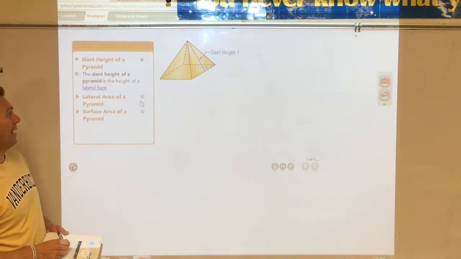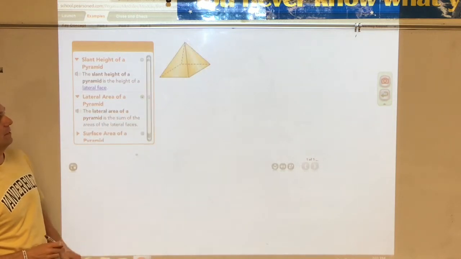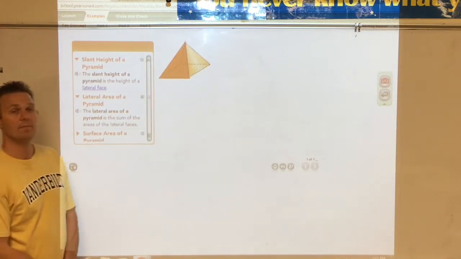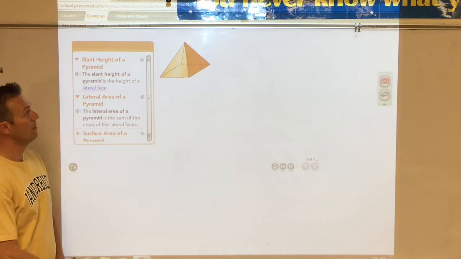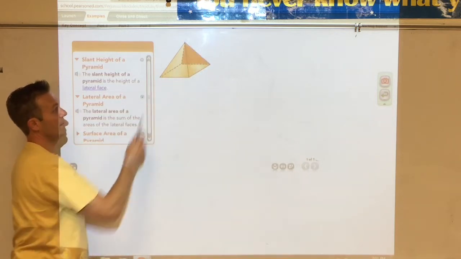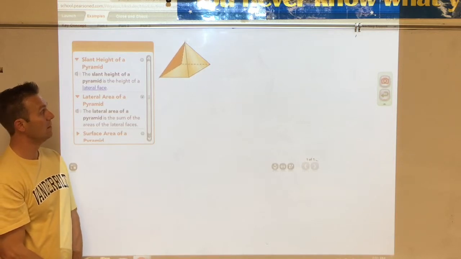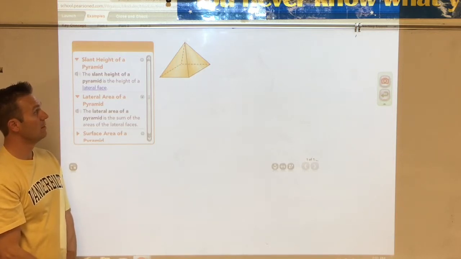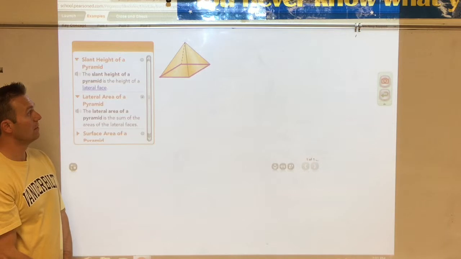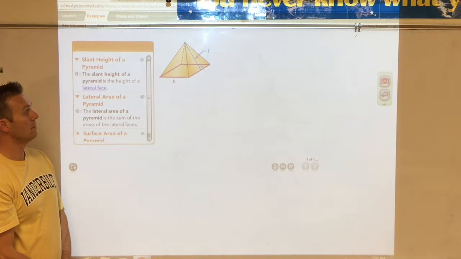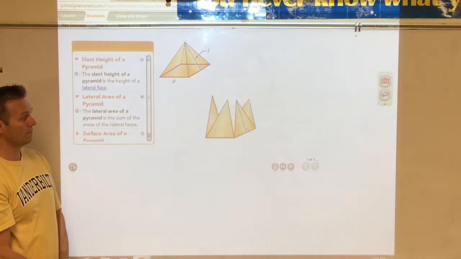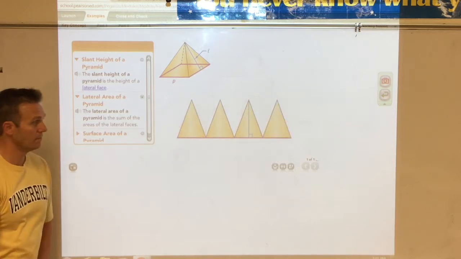Now, to find the lateral area of a pyramid, this is what you need to do. The lateral area of the pyramid is the total area of its lateral faces. So 4 lateral faces. Suppose the perimeter of the base is P and the slant height is L. You can unfold the lateral faces of a pyramid into a group of triangles.